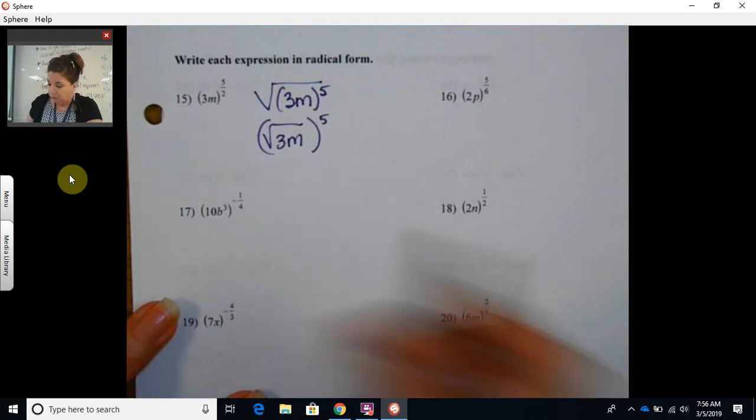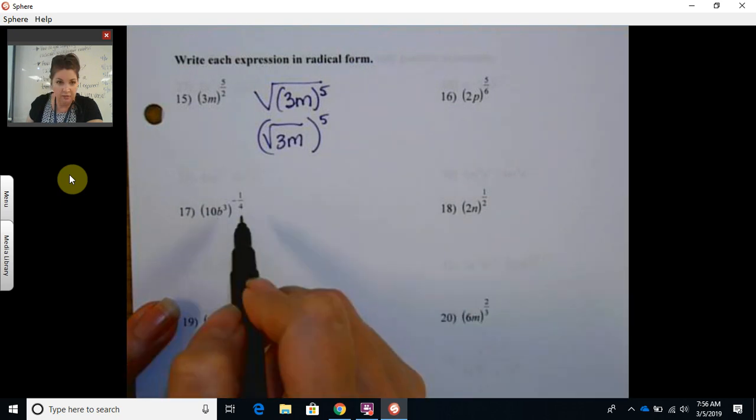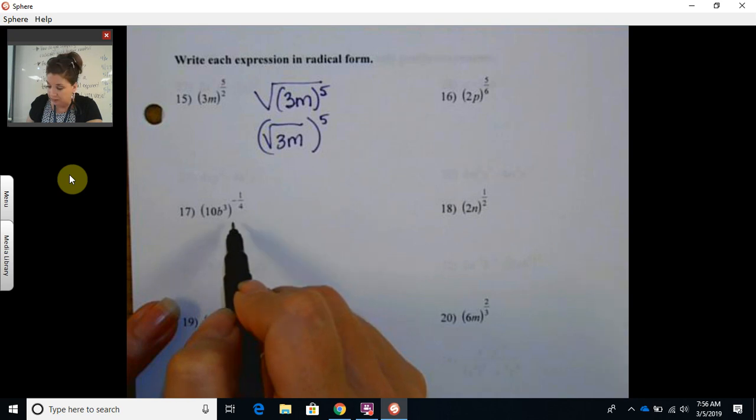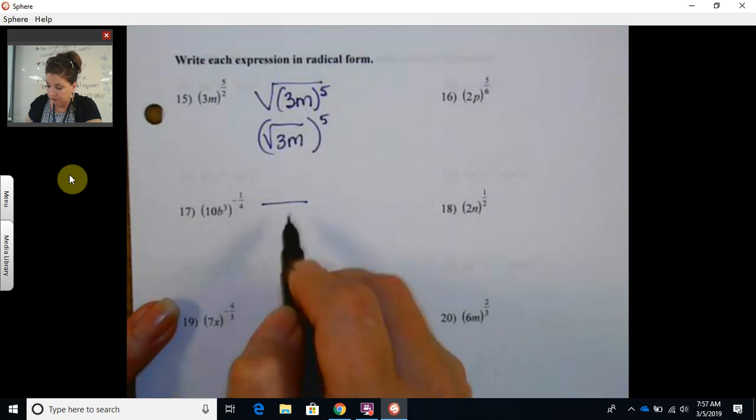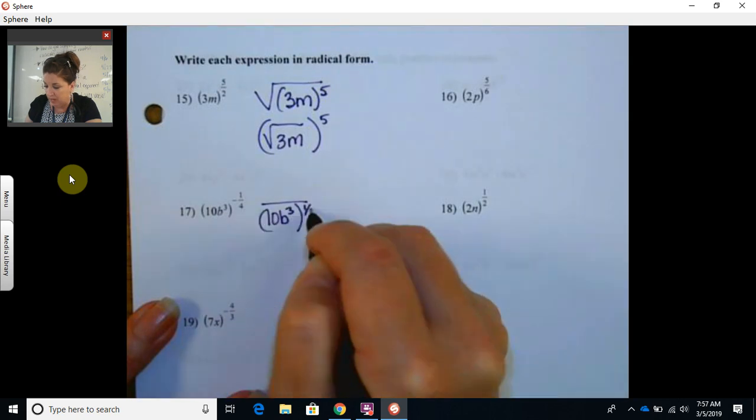Okay. On number 17, it has a negative exponent. Remember, to get rid of that negative exponent, I will drop 10b cubed. If it's in the numerator, I would put it where? In the denominator. And that will change that negative 1/4 to positive 1/4.